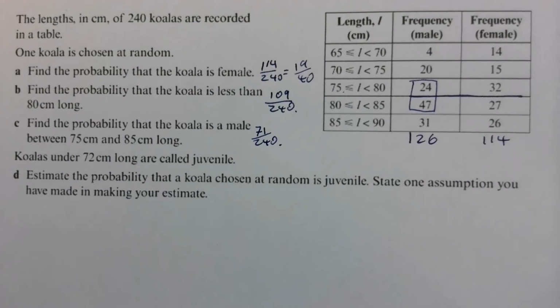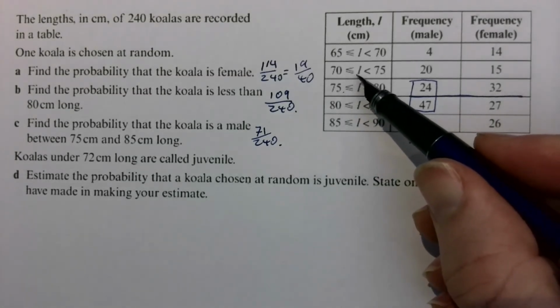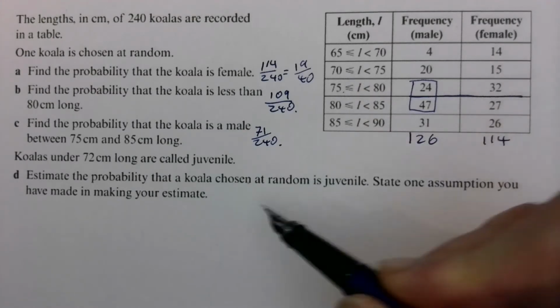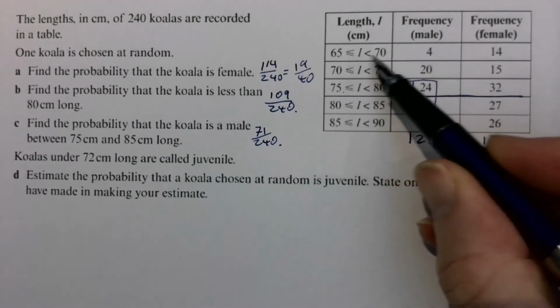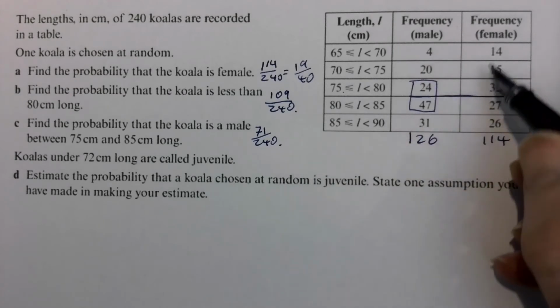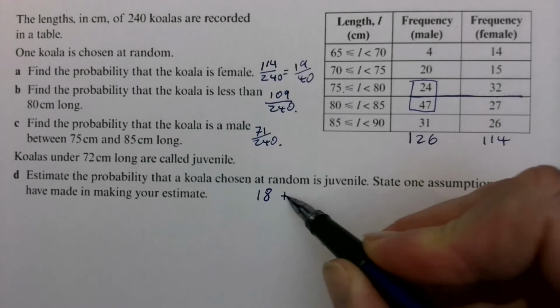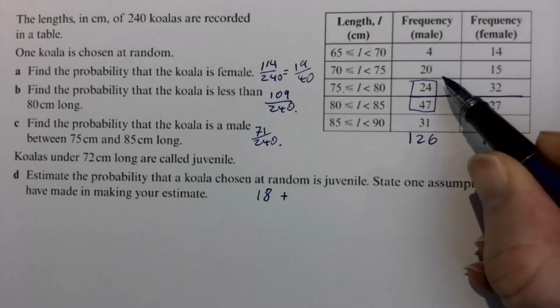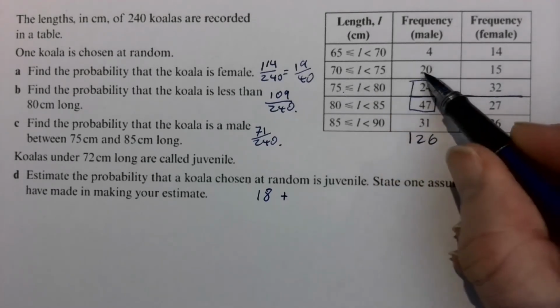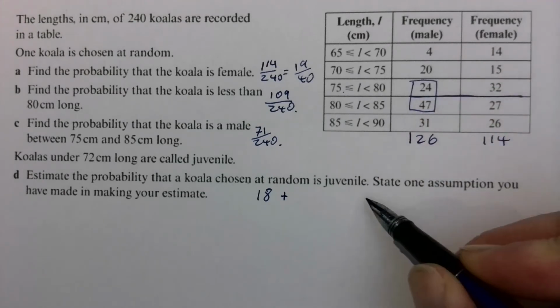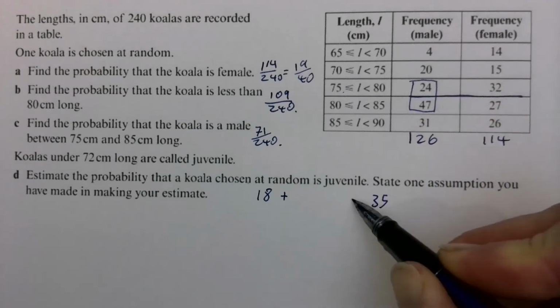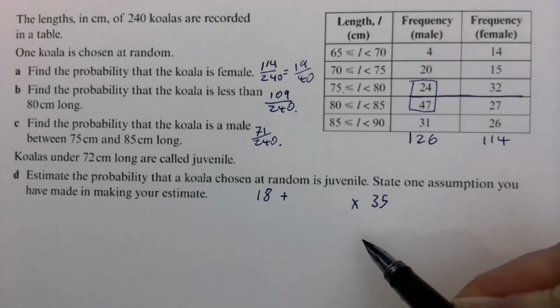Now it gets a little more interesting on here where it says 72 centimetres or less than 72 are juvenile. So we need to estimate that probability. Well, all 4 of these are going to be juveniles and those 14 there. So that gives me 18 plus I've got 35 there, but we need to do a little interpolation for these 35.